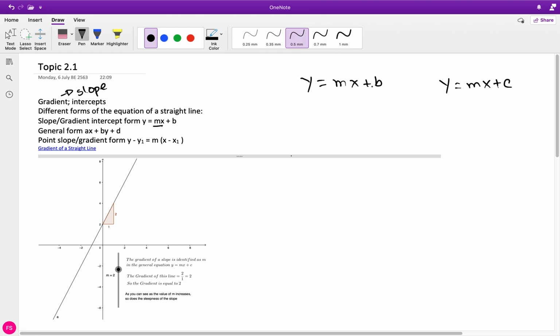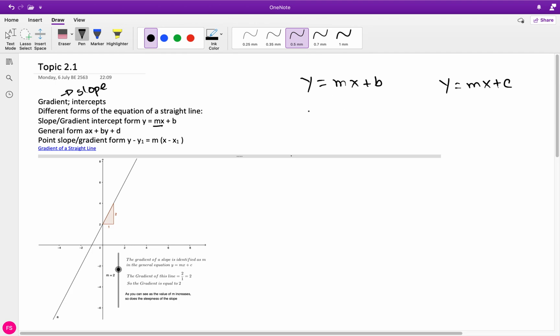The y-intercept is the point where your graph touches the y-axis, just this point, and you can see that for this line the graph is touching the y-axis at 2. That means the y-intercept of this line equals 2, and the gradient of this line is 2 as well.